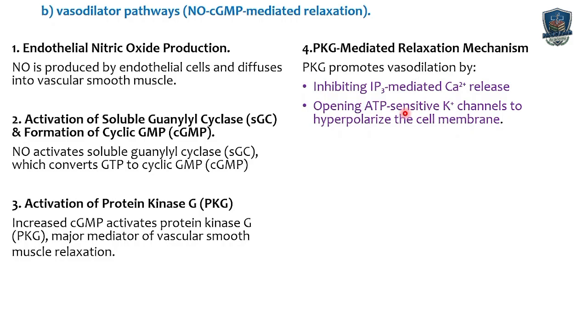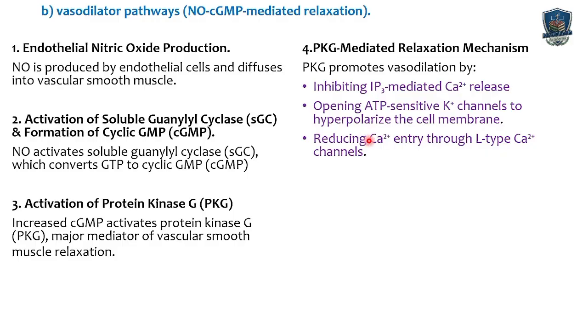Remember, if potassium leaves the cell, there will be hyperpolarization. There's this gate which depends on the polarization. So when there is hyperpolarization, the voltage-gated L-type calcium channels will be closed.